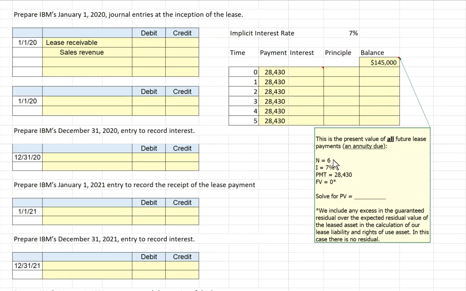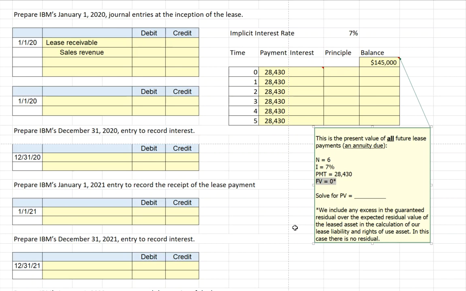We had 6 payments, a 7% interest rate, a payment of $28,430 per period, and we have 0 for the future value. In this case, recall, we include any excess in the guaranteed residual over the expected residual value of our leased asset in the calculation of our lease liability and right-of-use asset.